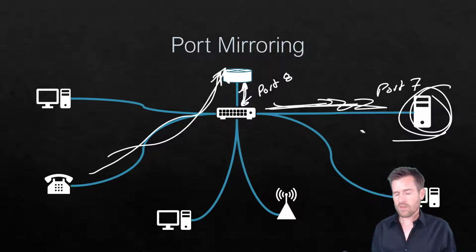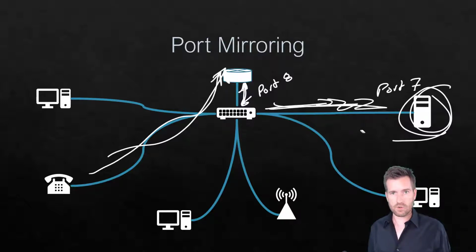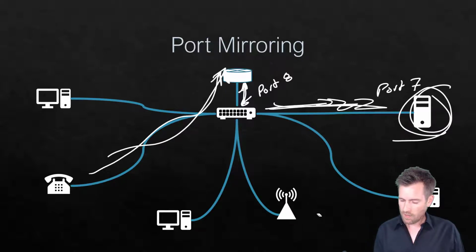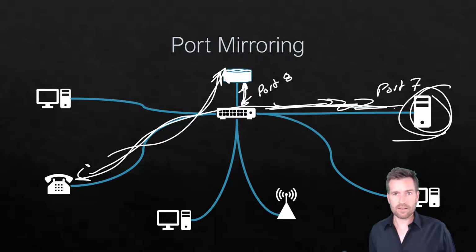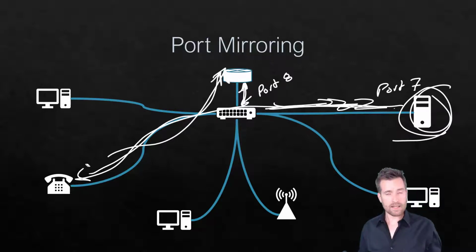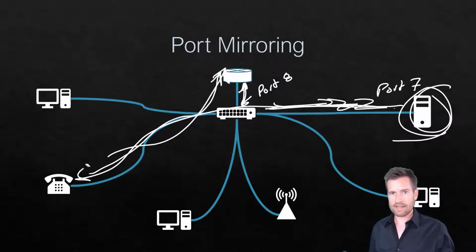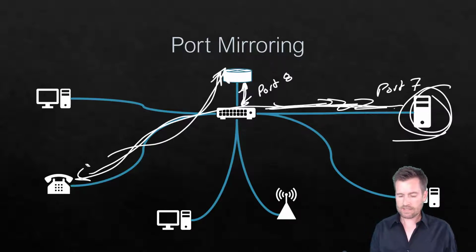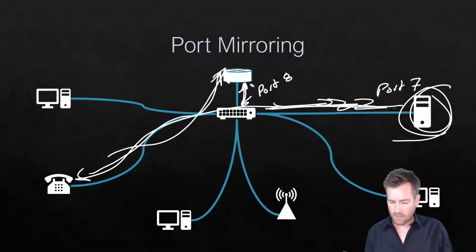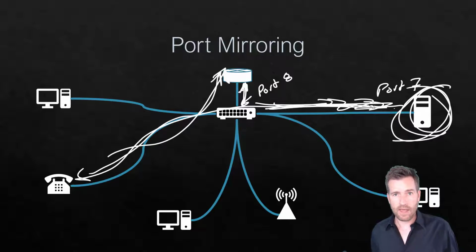If they found that there was some sort of site that the student was going to that they weren't supposed to be going to, this server then would reply back to that client, that user, and say, you're not supposed to be going to that site. That site is blocked. And so that's an example of port mirroring where the traffic going out port 8 was also going out port 7, so that way a server could monitor that traffic.